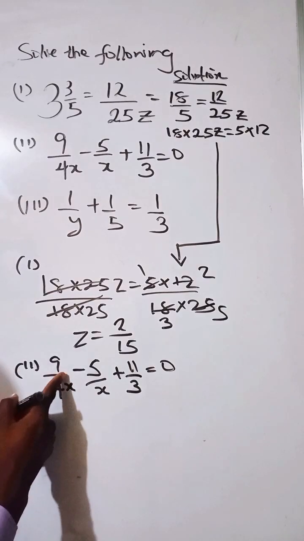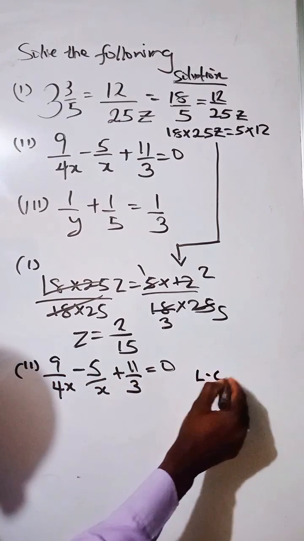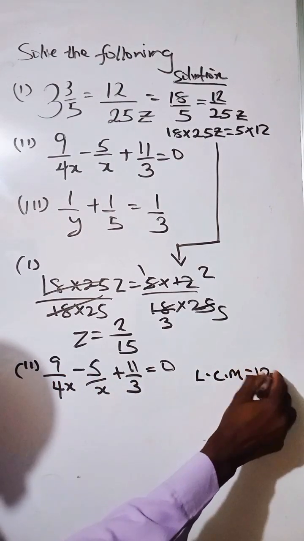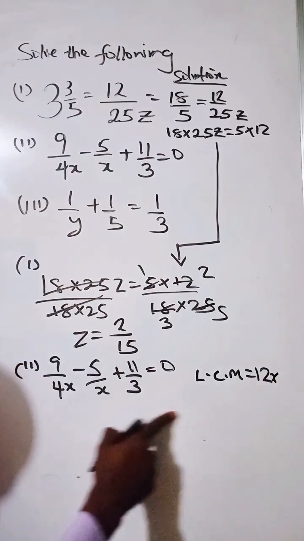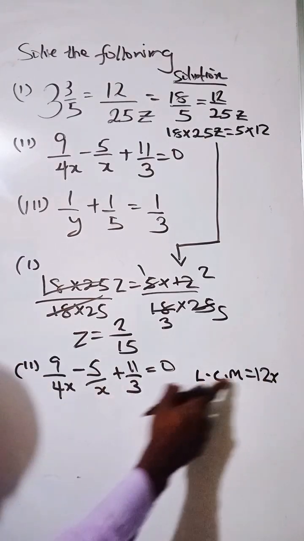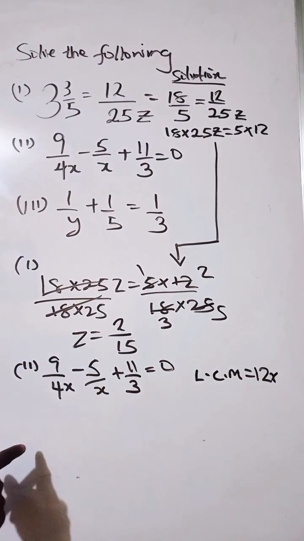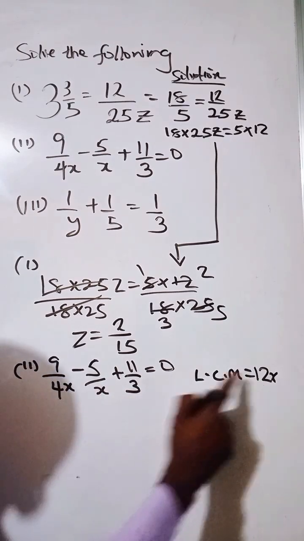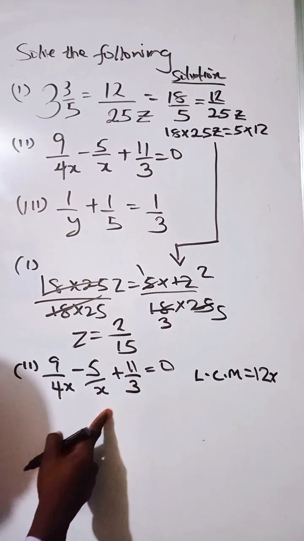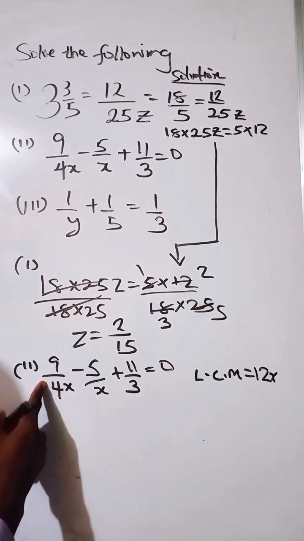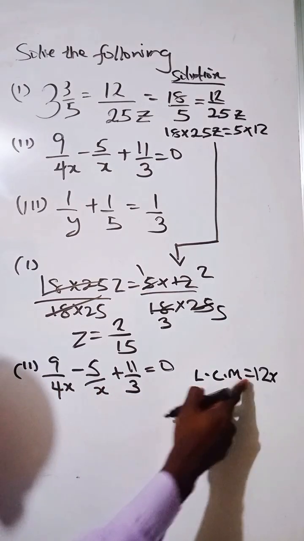So we multiply by 12x. If the LCM equals 12x, we are using 12x because we'll find the common denominator, which means we can divide 12x by each denominator. So let's multiply each fraction with this 12x.